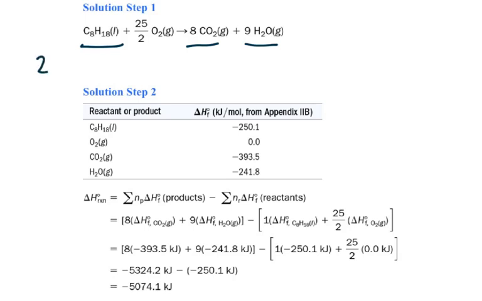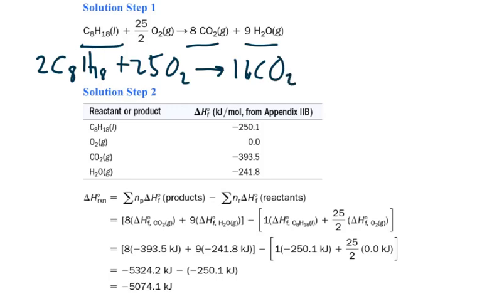You can put 2 C8H18, plus 25 oxygens, yields 16 CO2s and 18 waters. You could do it this way if you want to avoid fractions.